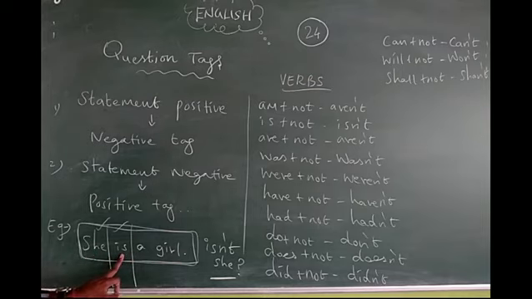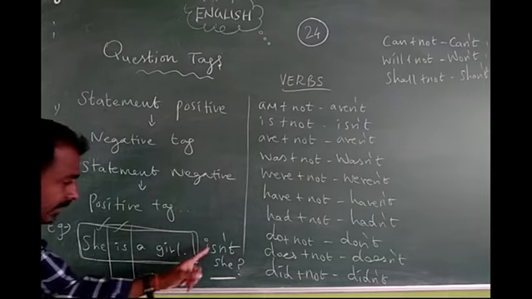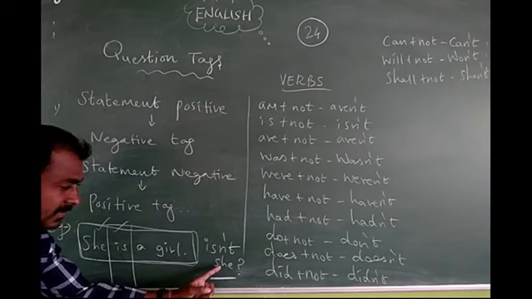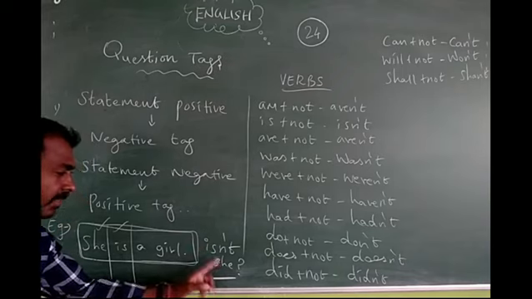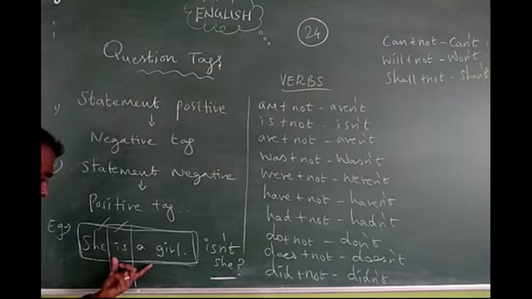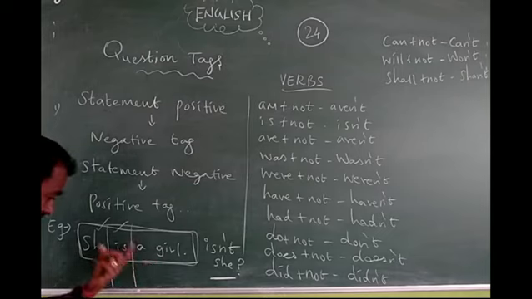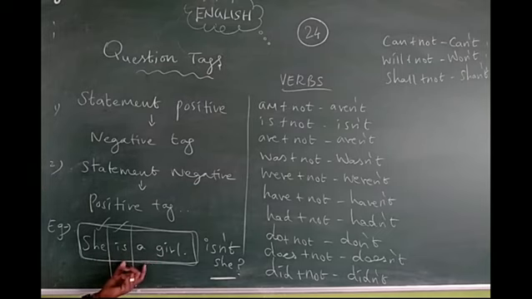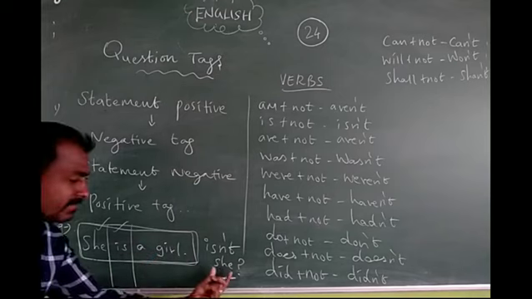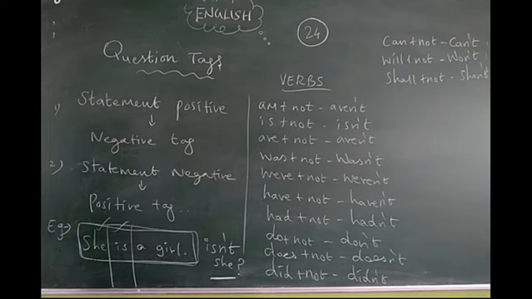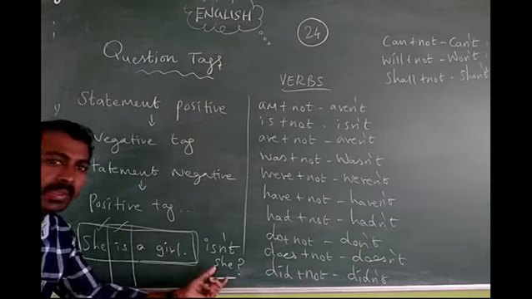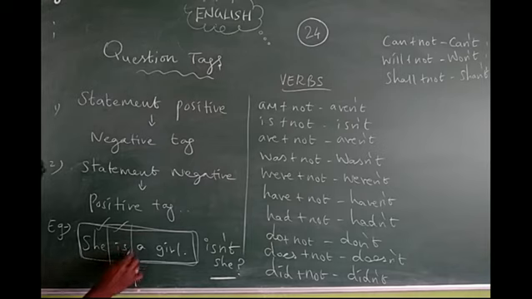Subject plus verb. Here I have taken the verb as negative, and the subject I have written the same. Why? Because the given sentence, the statement, is positive, so our tag must be negative. Suppose the given sentence is negative, the tag must be positive. For example, the same sentence: she is not a girl. Then what is the answer?